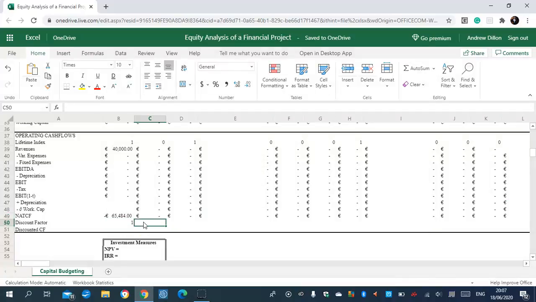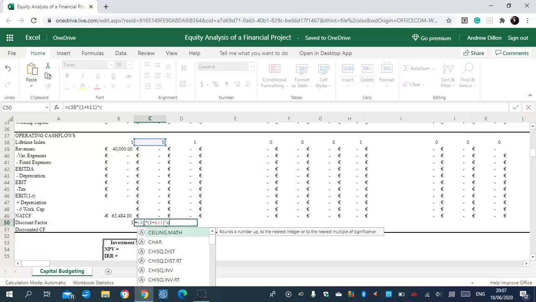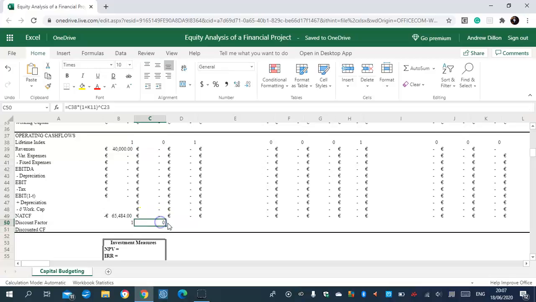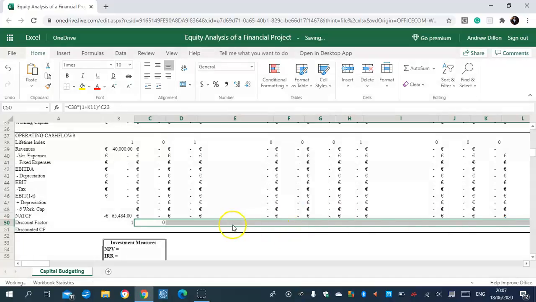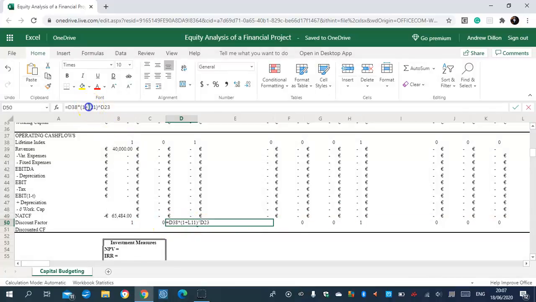Now we're going into the discount factor. Whereas for the rest of them, they had to be in K11.